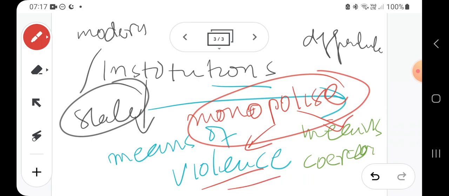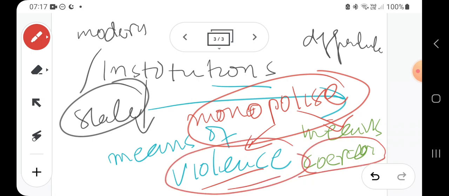So monopoly on violence and monopoly on coercion is one of the important defining or distinguishing characteristics of the modern state.